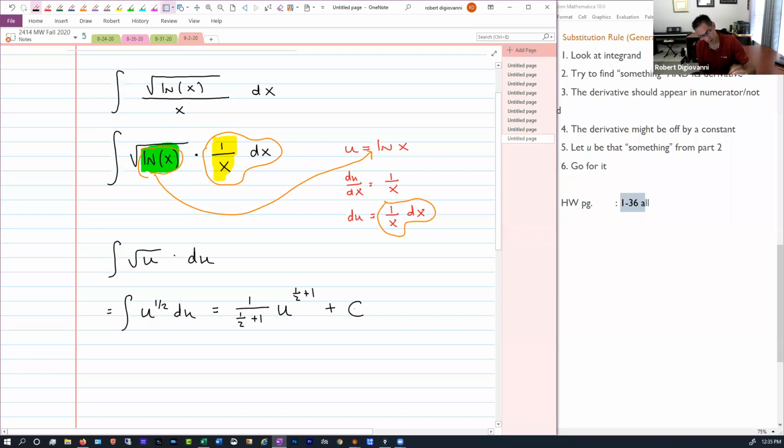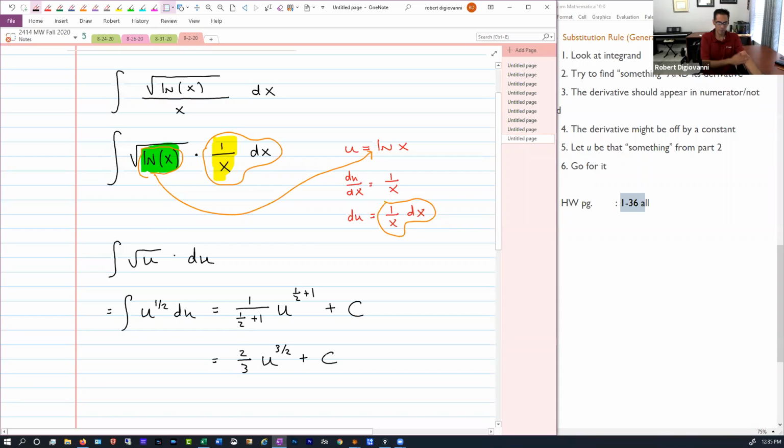Yeah, hold on, let me write it down first. So the n here is 1/2, so you have 1 over n plus 1 is 1 over 1/2 plus 1, u to the n plus 1 is u to the 1/2 plus 1. Now you add those together, 1/2 plus 1 is 3/2, and then you flip it. So 2/3 u to the 3/2 plus a constant.